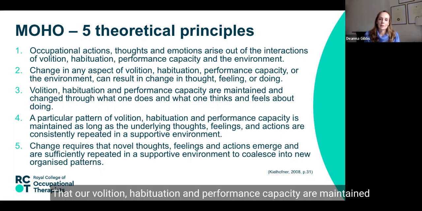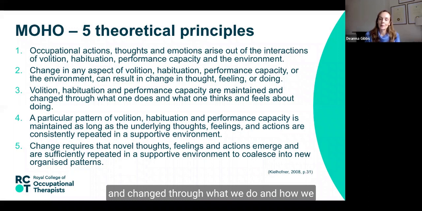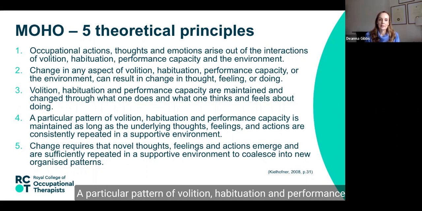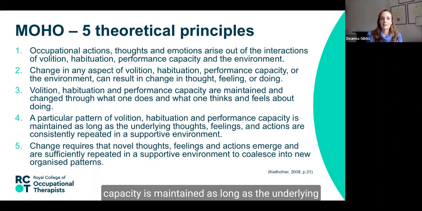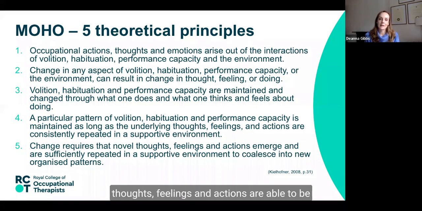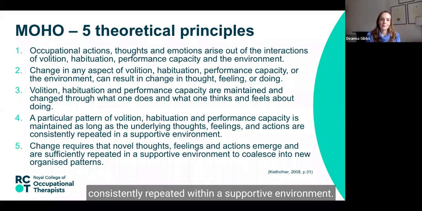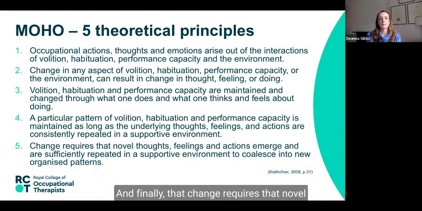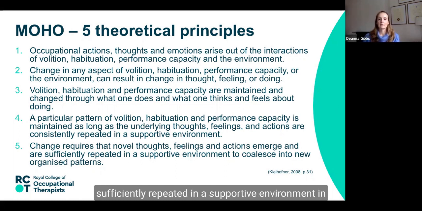That our volition, habituation, and performance capacity are maintained and change through what we do and how we think and feel about what we do. A particular pattern of volition, habituation, and performance capacity is maintained as long as the underlying thoughts, feelings, and actions are able to be consistently repeated within a supportive environment. And finally, that change requires that novel thoughts, feelings and actions emerge and are sufficiently repeated in a supportive environment in order to coalesce into newly organised patterns.